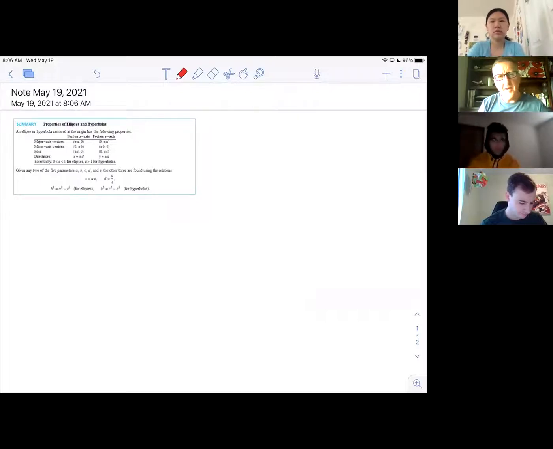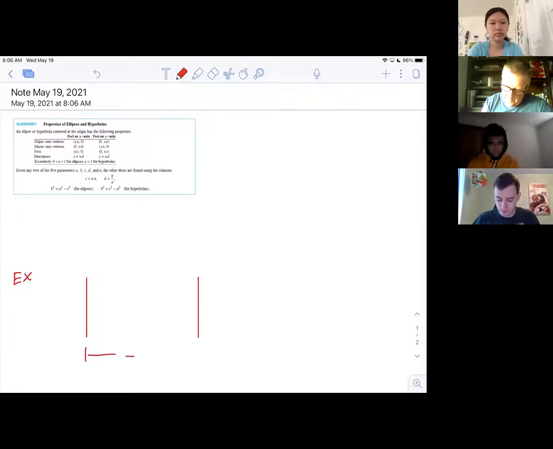I mentioned yesterday that I made an elliptical arch one time. And so this was kind of what happened. My practical example for this, I had a hallway in the house that was, if I remember right, 64 inches wide.